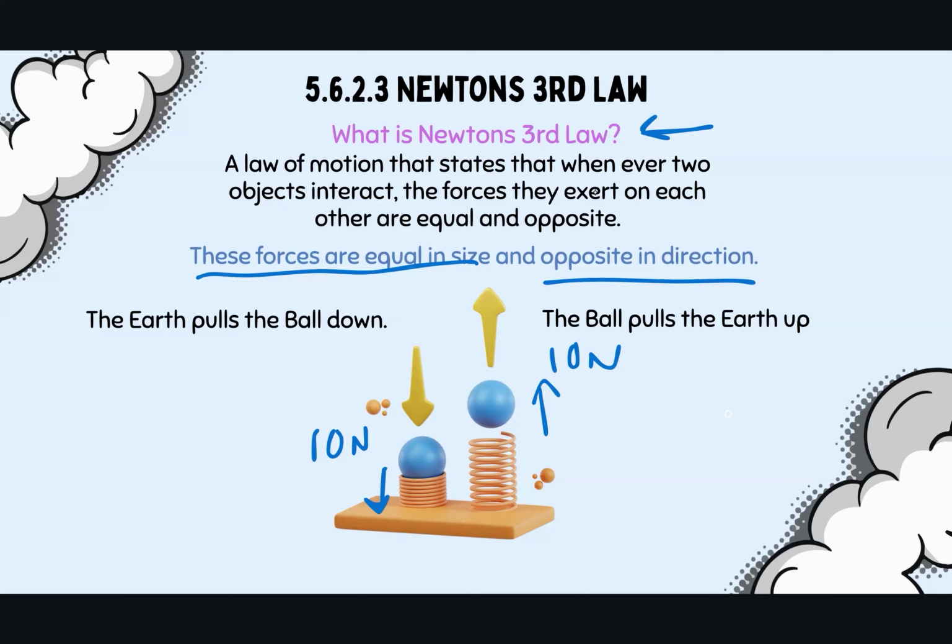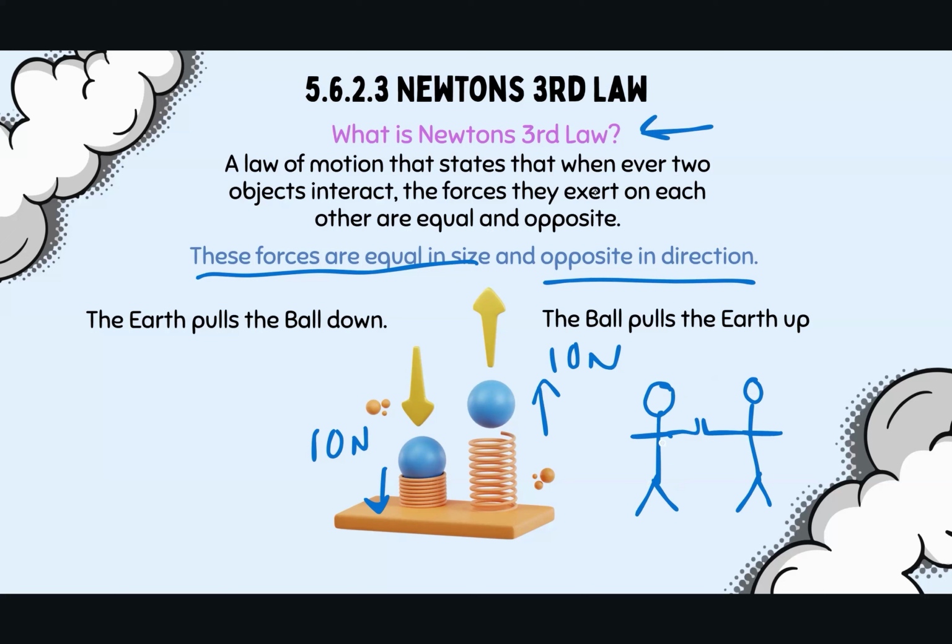So for example, you have two people and they're leaning against each other, just from their hands. They push their hands against each other, but they don't move.